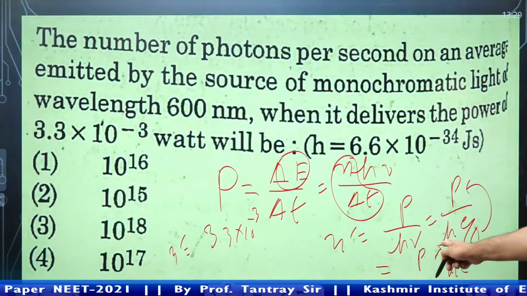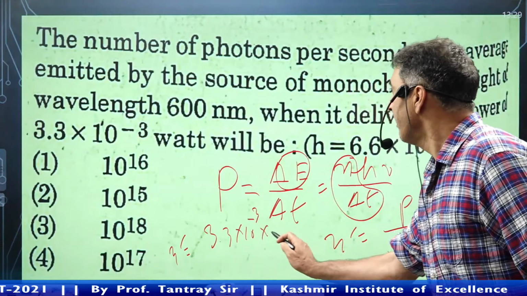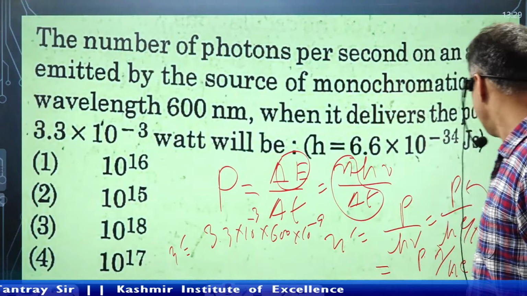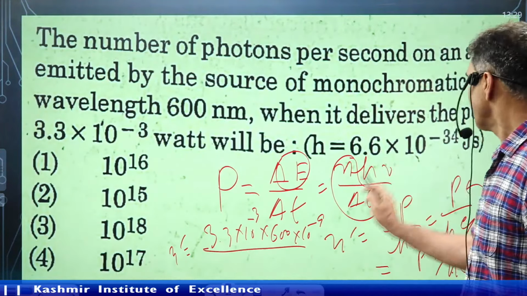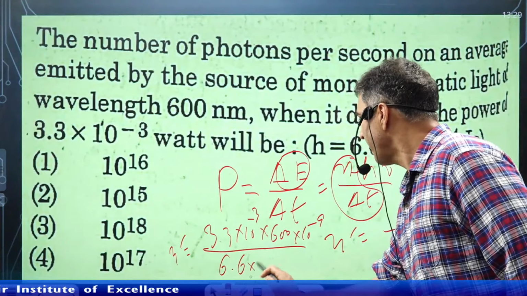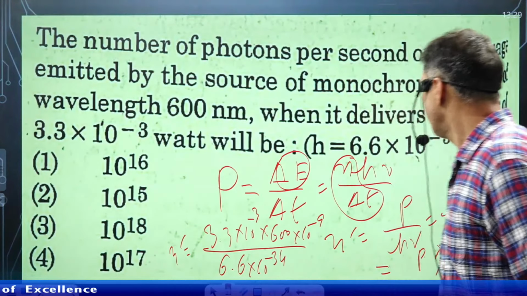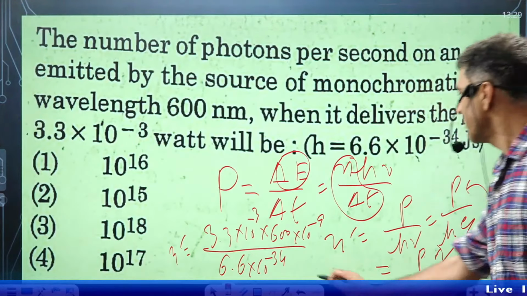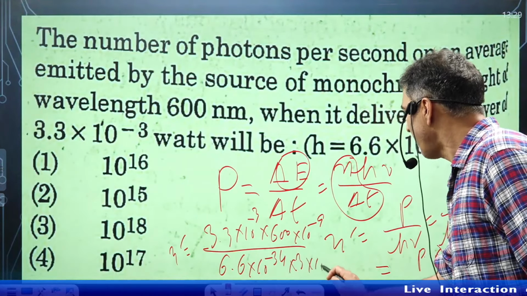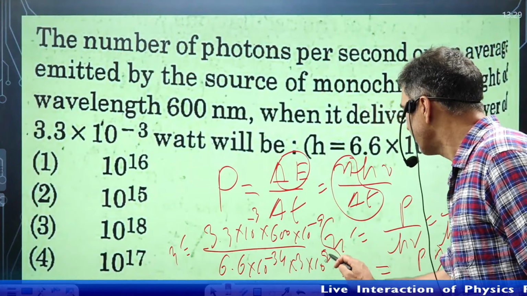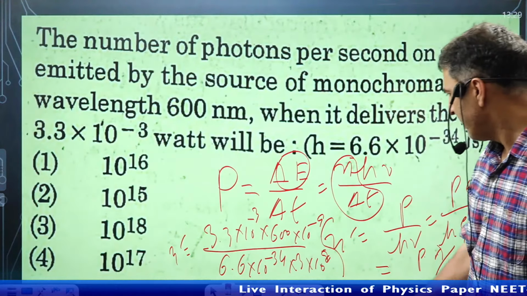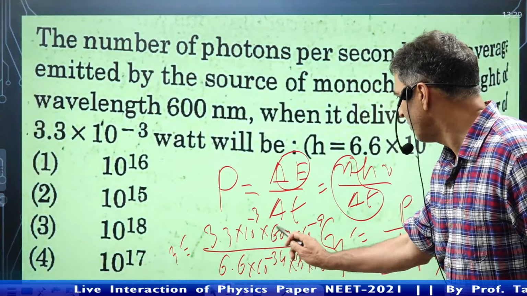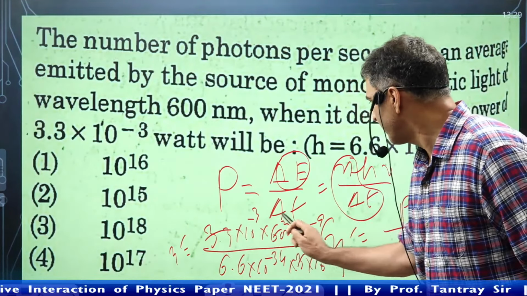Lambda is 600 nanometers, that is 600 into 10 raised to the power minus 9. h is given to be 6.6 into 10 raised to the power minus 34. And what is c? c is 3 into 10 raised to the power 8, that is the velocity of light. If I do it, it gets finished here.